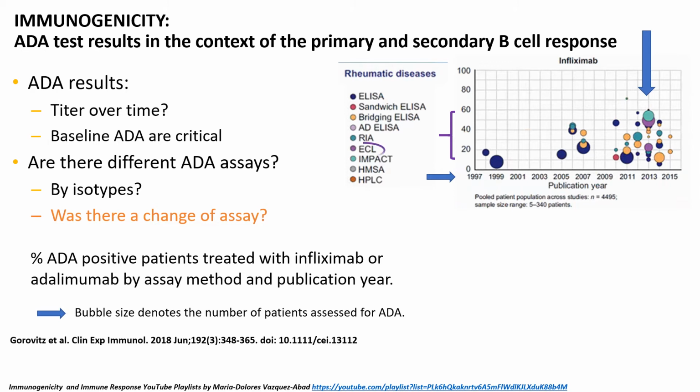Now, just take a look at all of those that are ECL, electrochemiluminescence, and you see that purple circle or bubble. Well, it's not that all the same assay gives the same result. That's not true. You can even see in 2013, I can see two bubbles that are ECL based, and they give very different results.